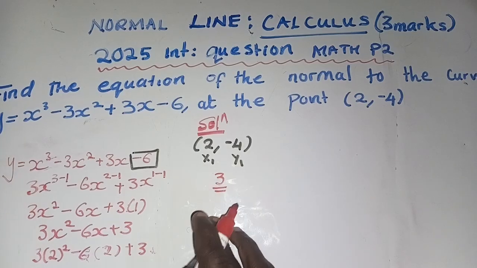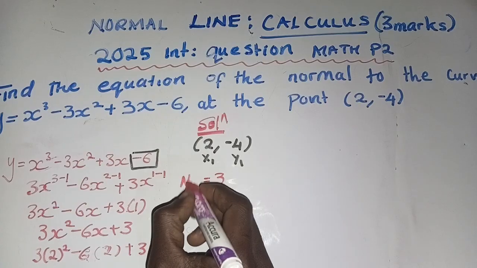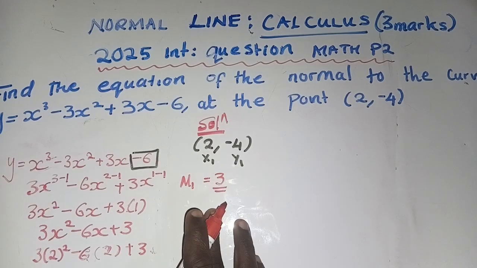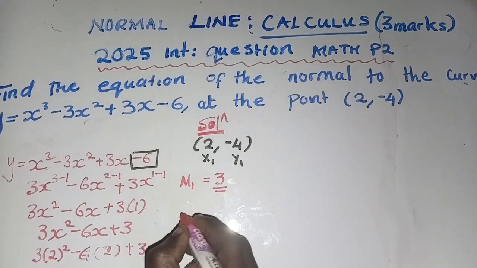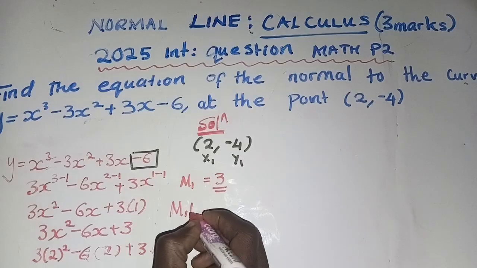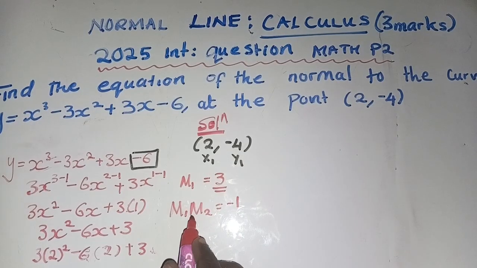Now this 3 that we have is recorded as our tangent gradient. Are we getting the point? With a normal line, we use gradient 1 times gradient 2 is equal to negative 1, for us to find gradient 2.